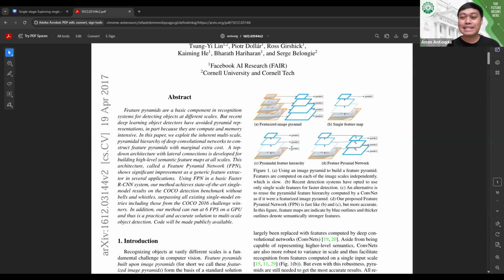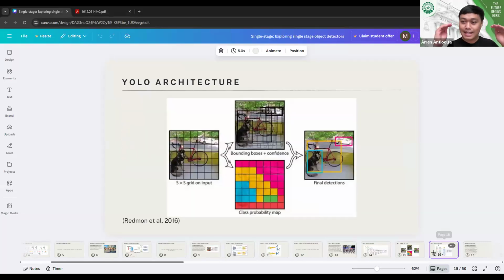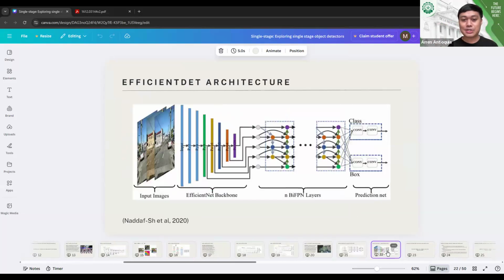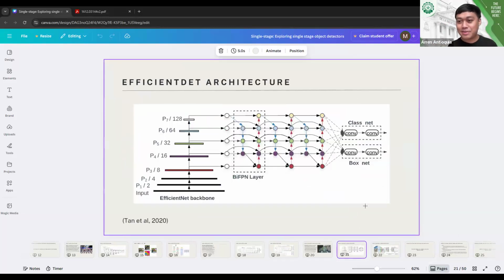Okay. Now, what is BiFPN on the other hand? Can you show it to us, Ryan? On a high level discussion, I would say it's a much more complicated version of FPN, or feature pyramid network. That's why it's called BiFPN, or bidirectional feature pyramid network.